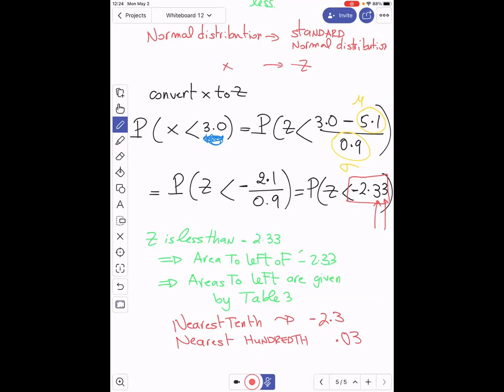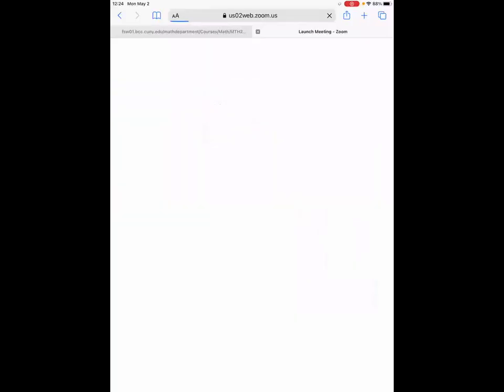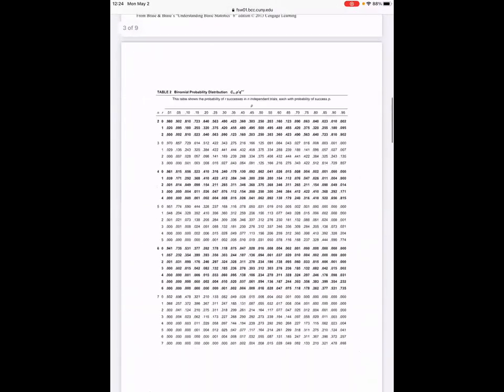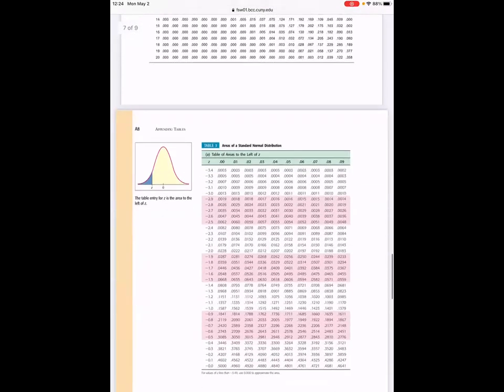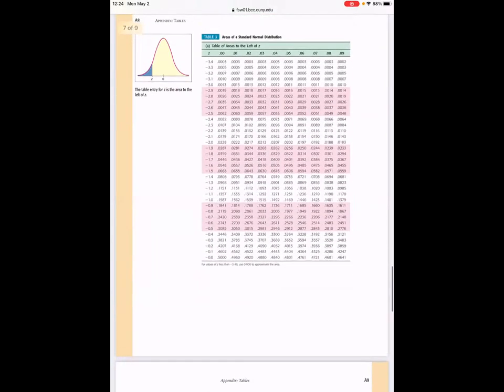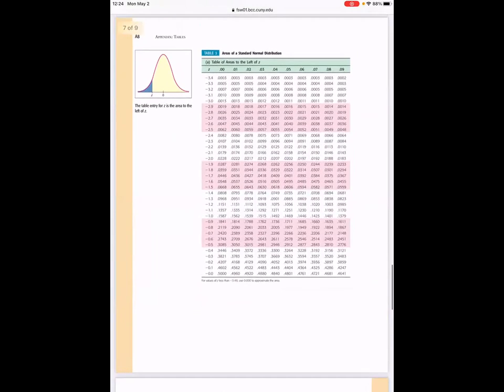Now I can use my chart because this is the areas to the left. So let me share with you the chart. It's right here, right? So you go to chart number 3 or table 3. Here's table 3. All right, as we said, there are 2 pages in this chart. First page, your z is negative.